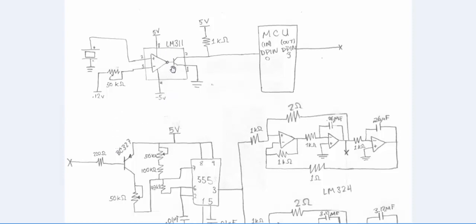This integrated circuit is connected to 5 volts on its pin 8, and to minus 5 volts on its pin 4. It's connected to ground on pin number 1, and on pin number 3 we have connected the voltage that is the limit from where we start taking a seismo.